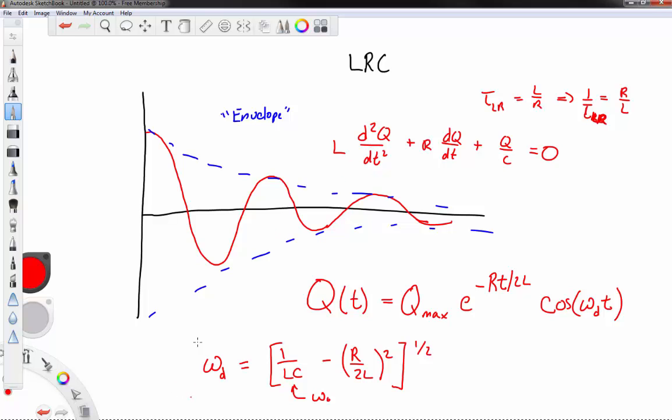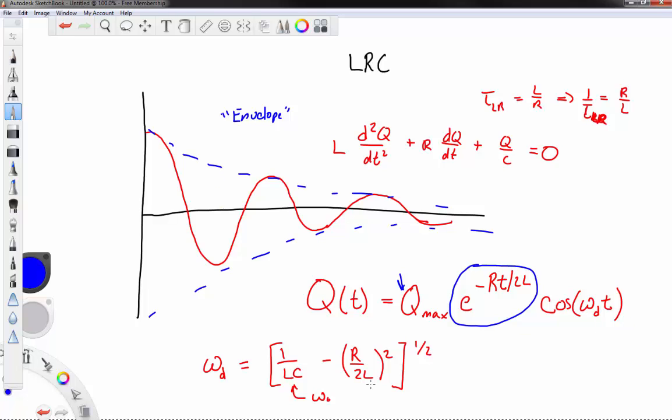The blue part, the envelope, is represented by this term right here, and I suppose to some extent also by this term because it has to start somewhere. And then this actual oscillation is coming from this term.